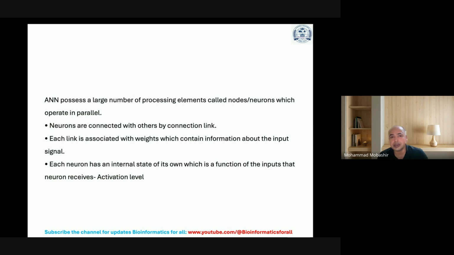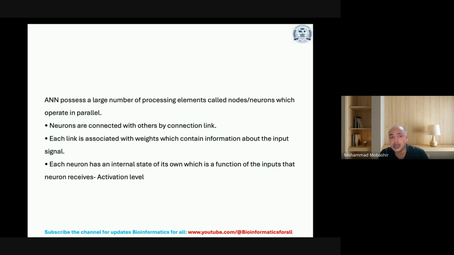ANN possesses a large number of processing elements which are called nodes or neurons, which operate in parallel. So neurons are connected with others by connecting links. That is, normally we say the connections, association links, or adjacency links or connectivities. Each link is associated with certain weights or values which are calculated by using some mathematical equations, and it contains information about the input signal.